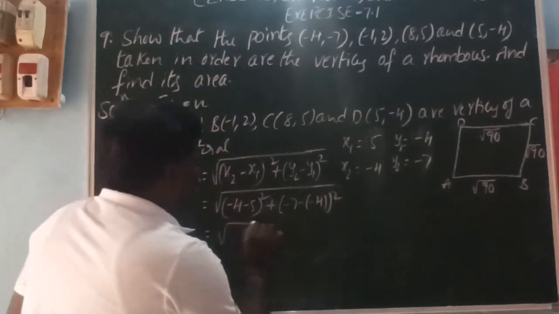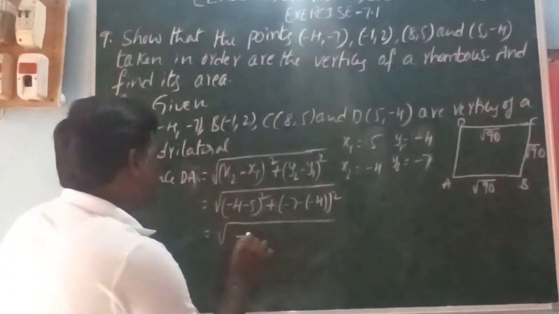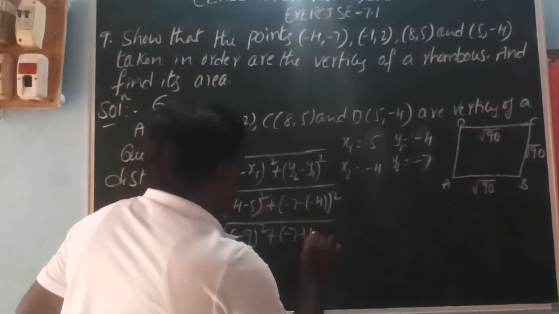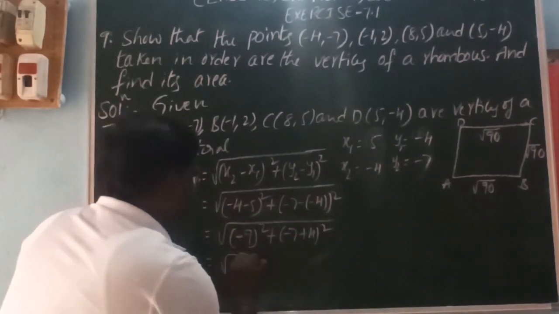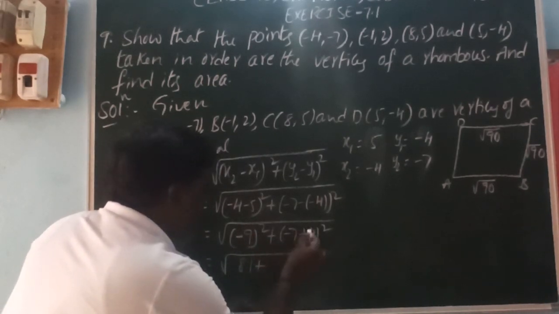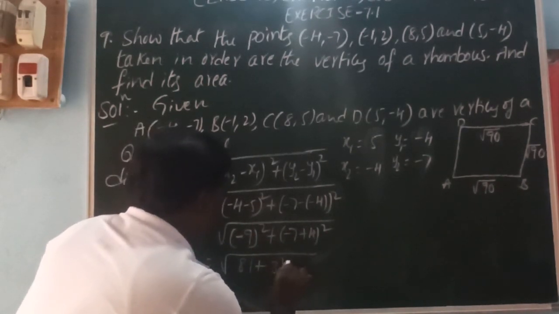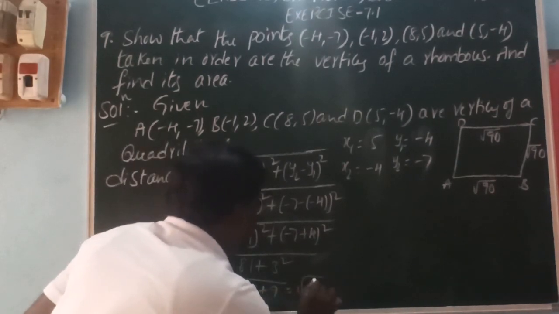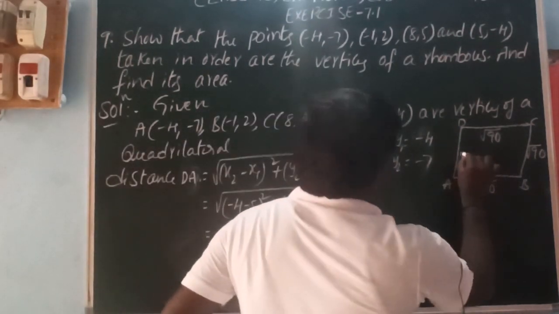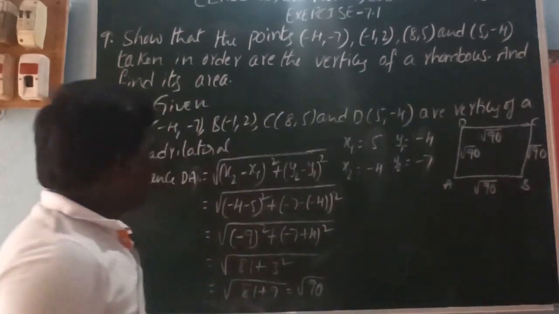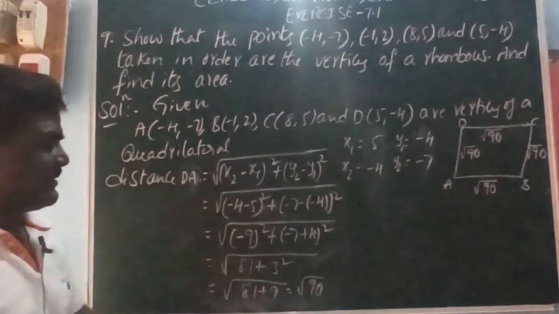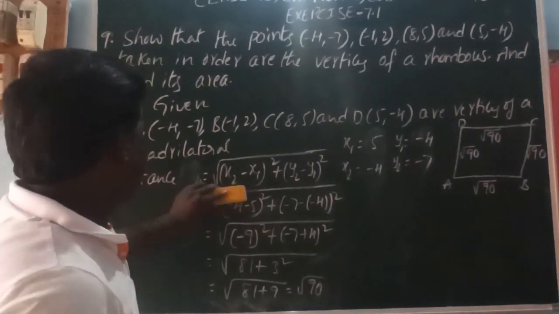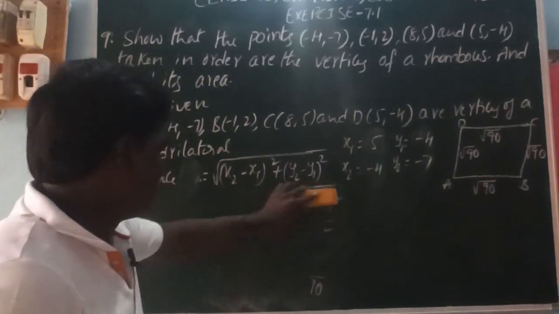That is (-9) squared, 81, plus (-7 plus 4), which is -3, squared, 9. So 81 plus 9 is square root 90. So the DA length is square root 90. Next, find the distance of the diagonal CA, or AC.